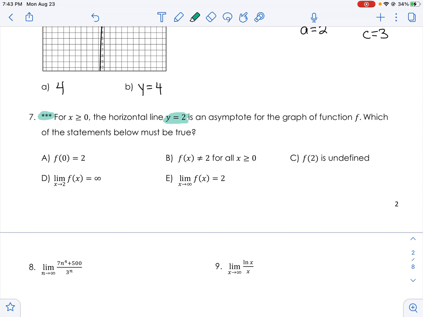It tells us that our horizontal asymptote is at y equals 2. And if I look at answer choice E, it has the limit as x approaches infinity of f of x equals 2, which is a limit that's going to infinity, which means it's another way to write a horizontal asymptote.